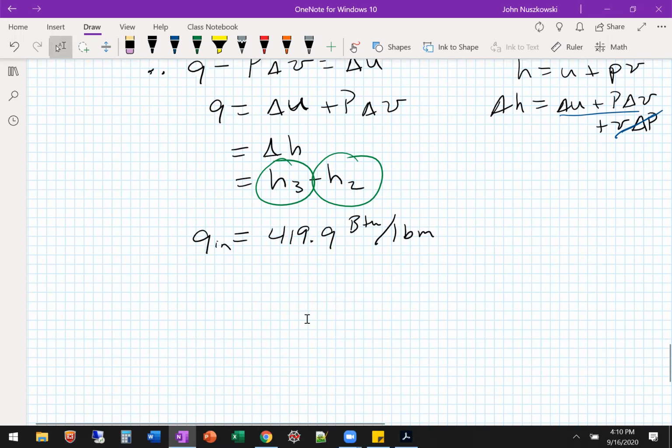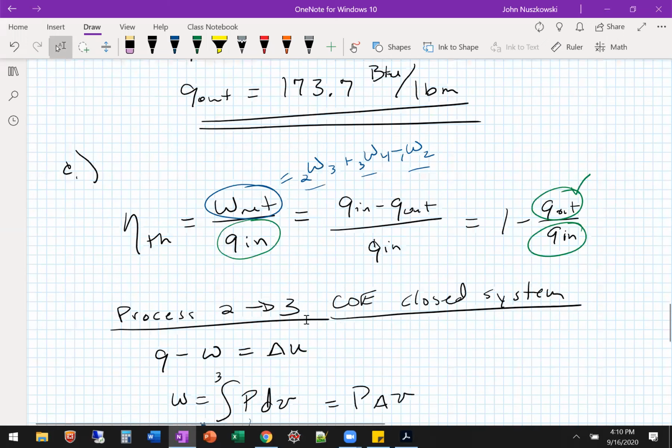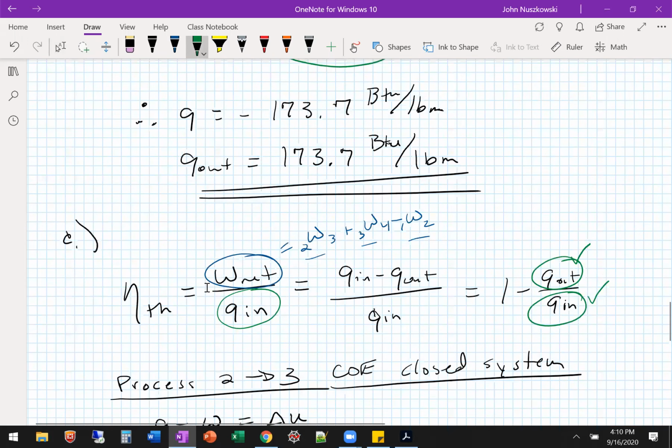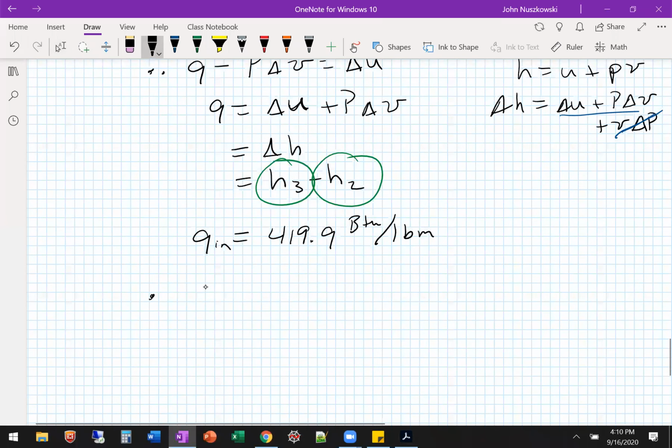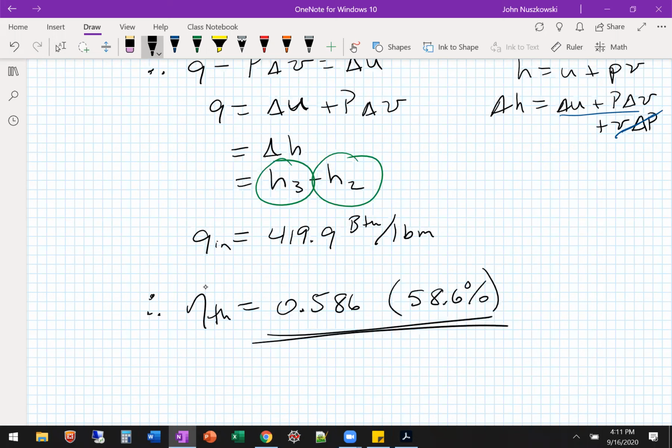So we go up, we have heat out, we have heat in, so we can solve for our thermal efficiency. So we get 0.586, or 58.6%.